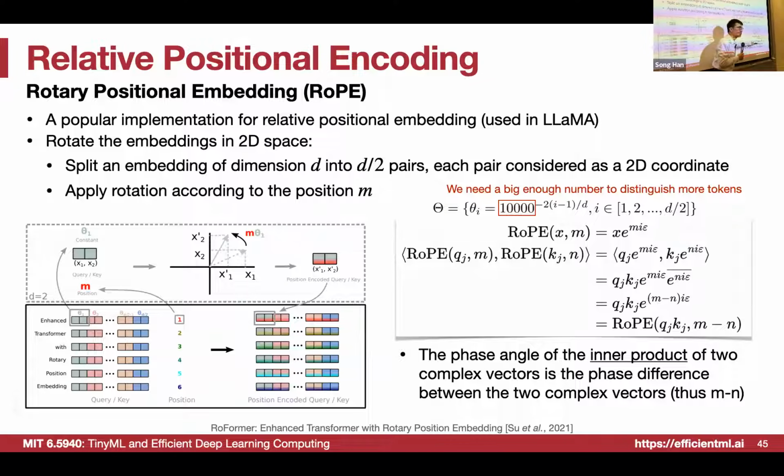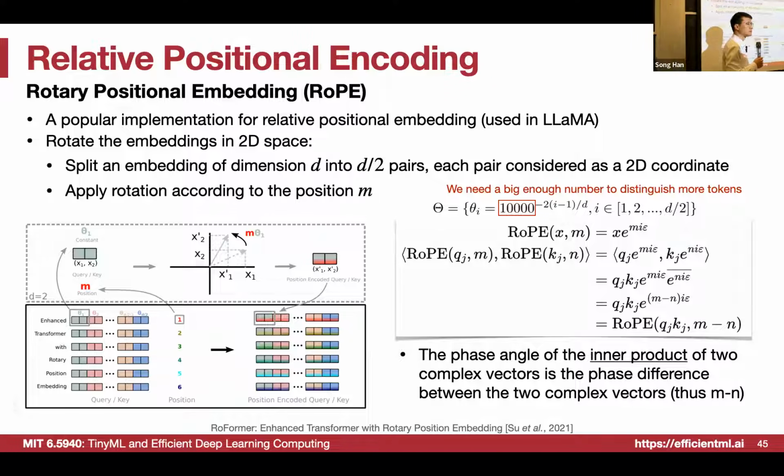The phase angle of the inner product of 2 complex vectors is basically the phase difference between these complex vectors, m minus n. So this is the relative difference. No matter how big n is, the difference matters, not the absolute value. That's why this is the relative positional encoding.